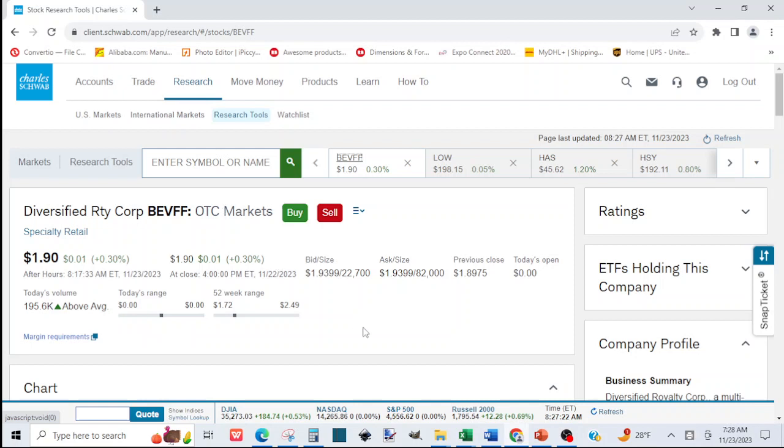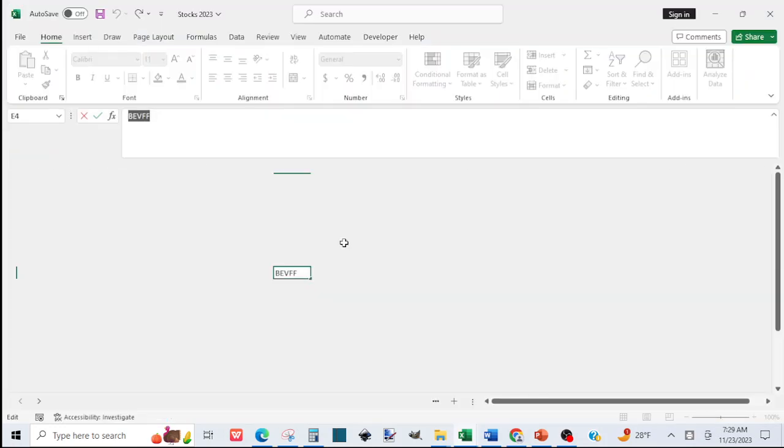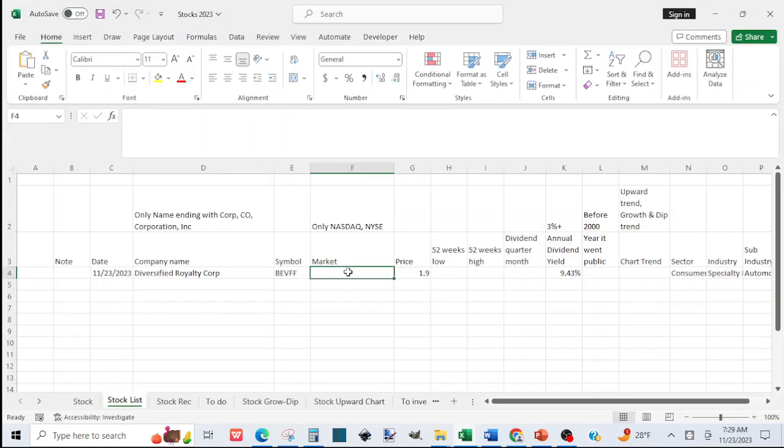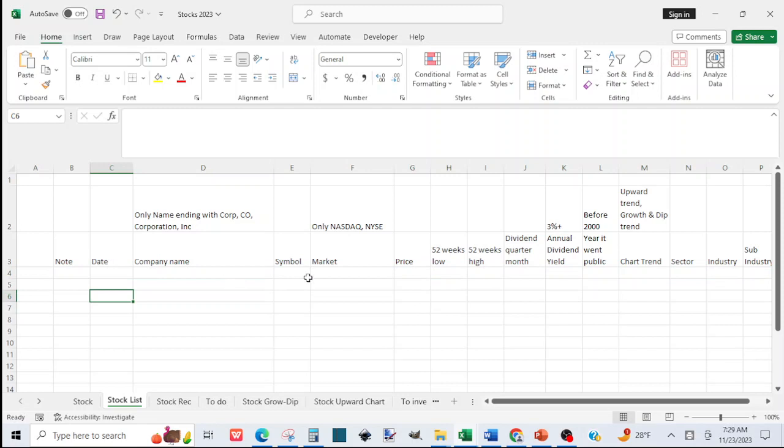Therefore, it failed the rules. You can either delete it, which I would prefer to do, or you can enter OTC, and then you don't do anything else on that row for that company.